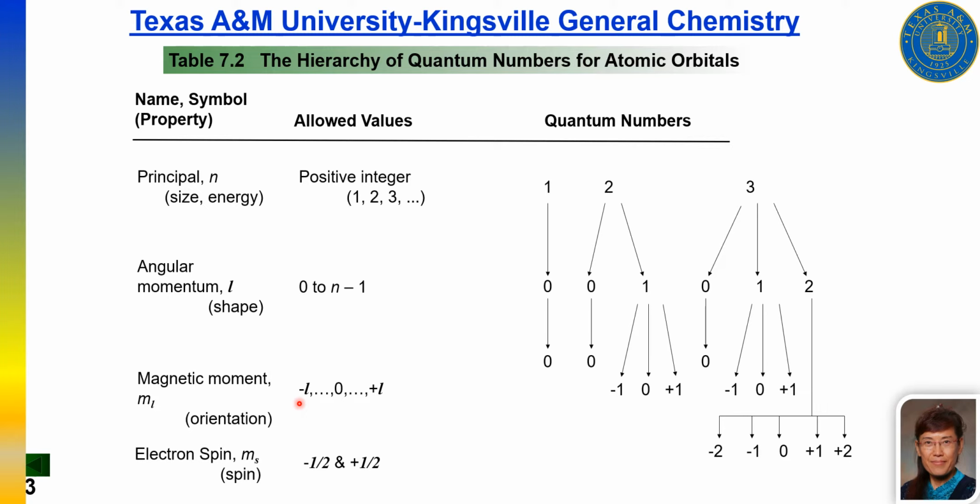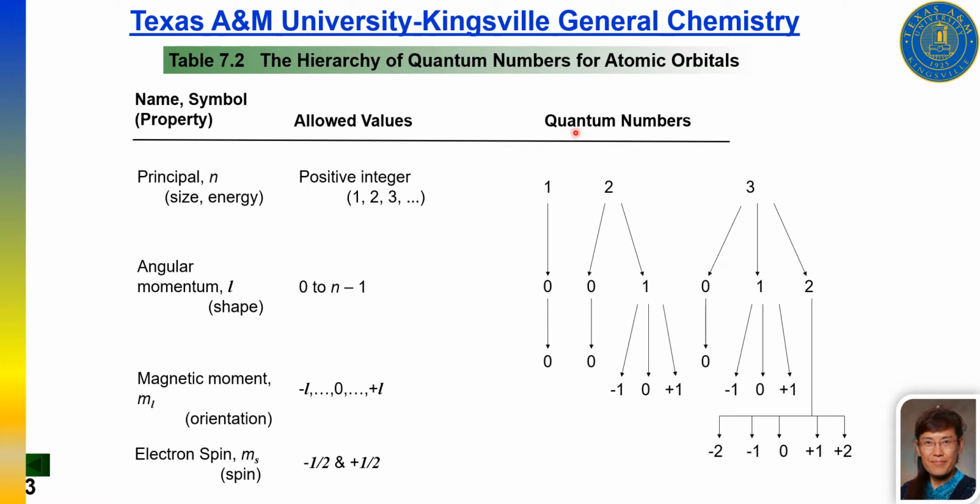The last one is related to the electrons. The electron spin quantum number represents the direction of your electron rotation. We use ms to denote it. ms can be only either positive 1/2 or negative 1/2.